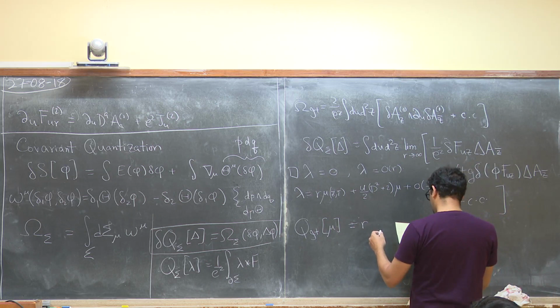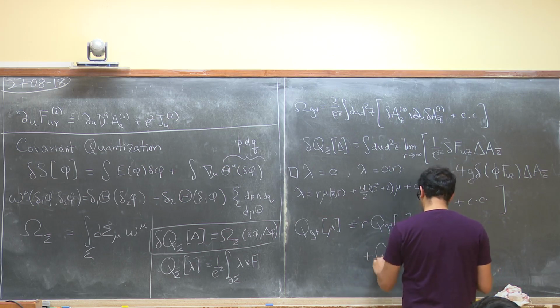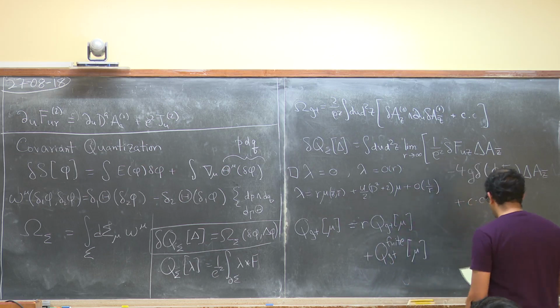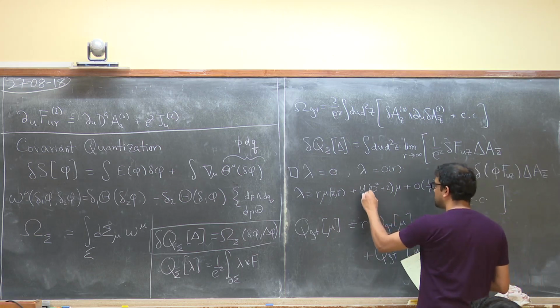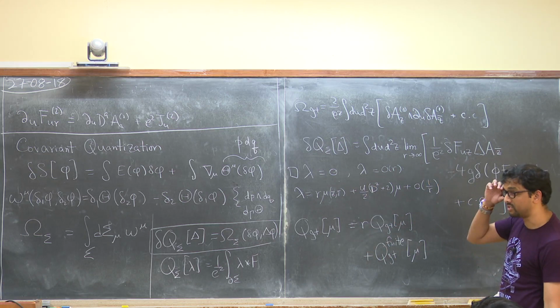So you have an r divergence. Let me write that down, and then there's a finite piece. Capital D is the covariant derivative on the sphere. D square is the Laplacian on the sphere.